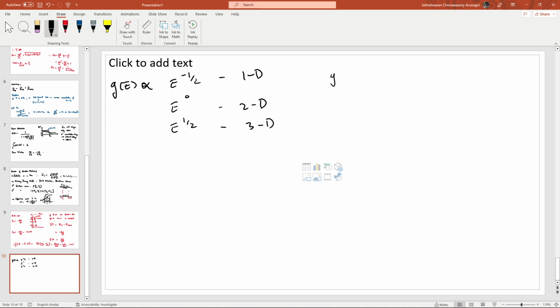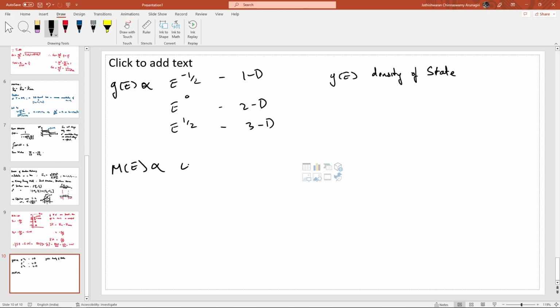This is the density of states. G of E is the density of states. Do not forget this. This is one of the first derivations that was done. An entire week was dedicated to this very concept, and this is important. For a 1D channel, density of states is proportional to e to the power minus half. For a 2D channel, it's independent of the energy. For a 3D channel, it is proportional to the square root of energy.